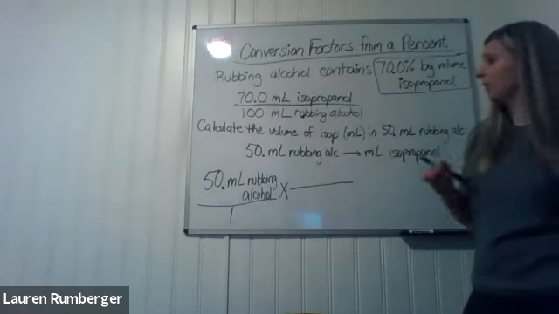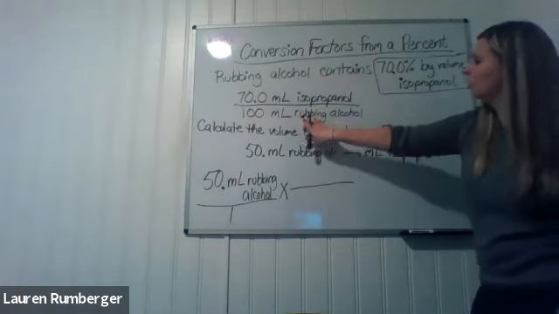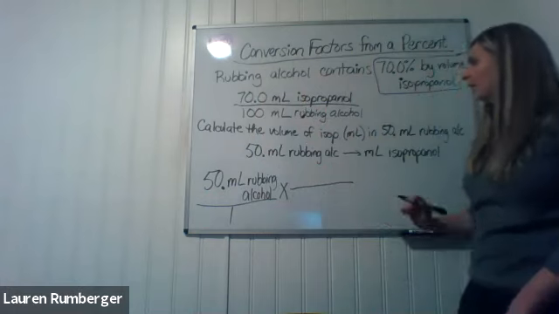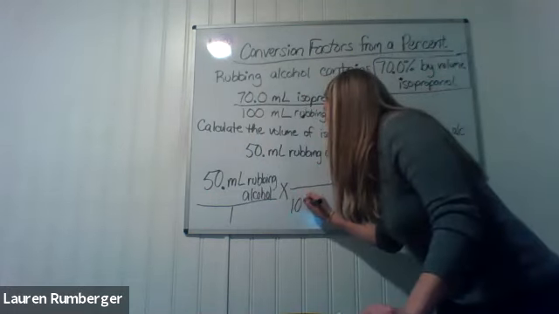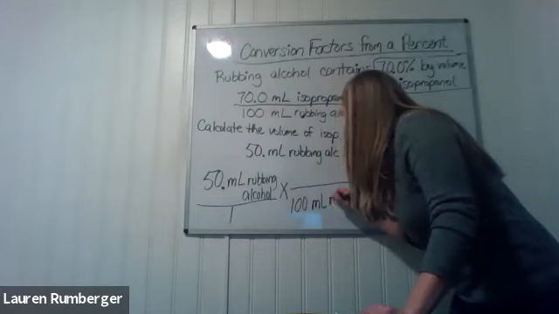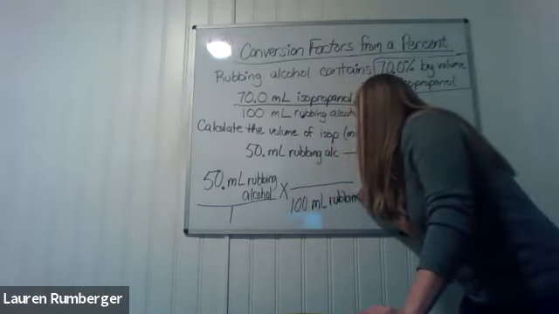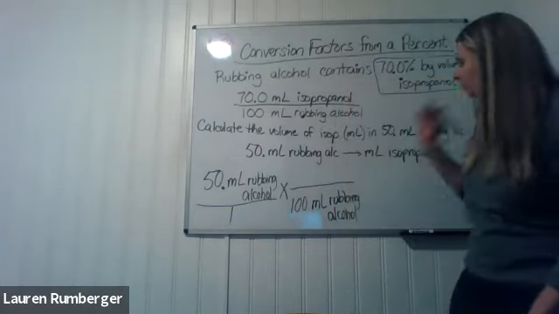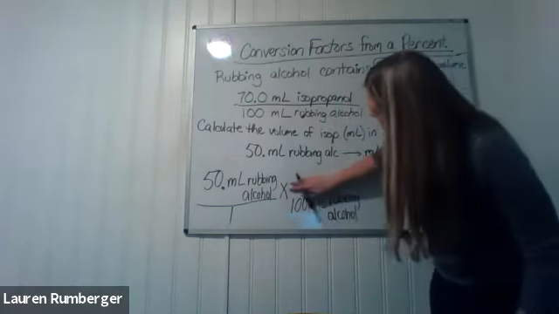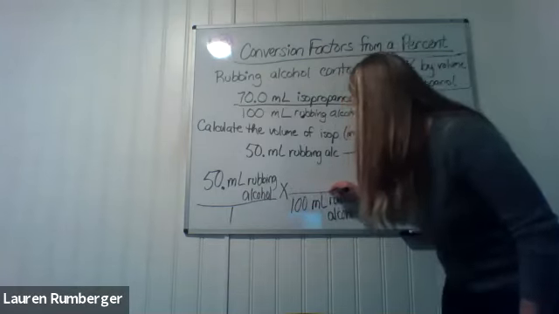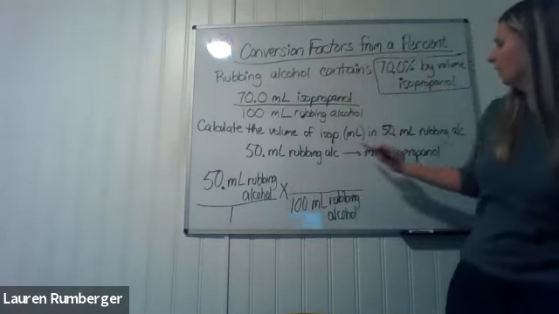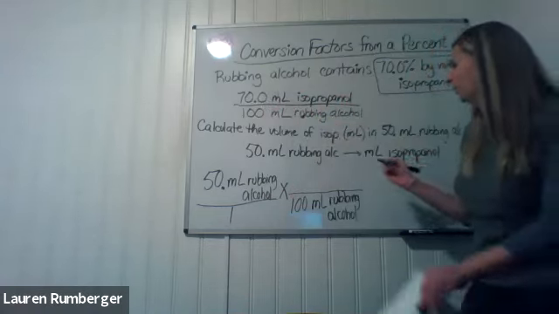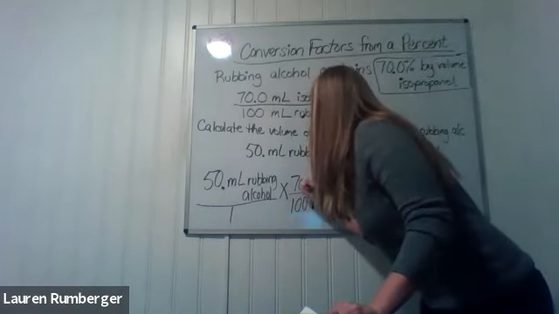We don't need to flip it because it already has our units of rubbing alcohol on the bottom in order to cancel diagonally. So we're going to put 100 milliliters of our rubbing alcohol on the bottom. And then we're going to put our 70.0 milliliters of isopropanol on top.